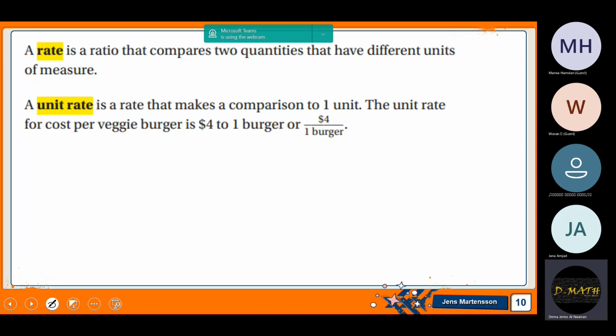Rate is a ratio that compares two quantities that have different units. In the previous one, we said yellow bars to yellow bars, green bars, the same unit. But when we talk different units, we call it now rate. So rate is a special kind of ratio.